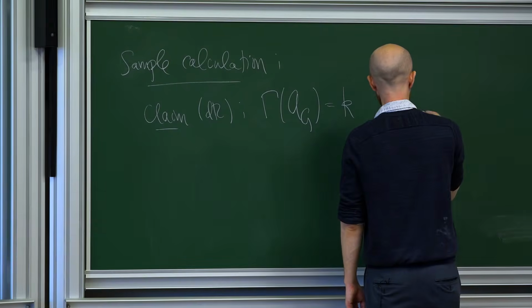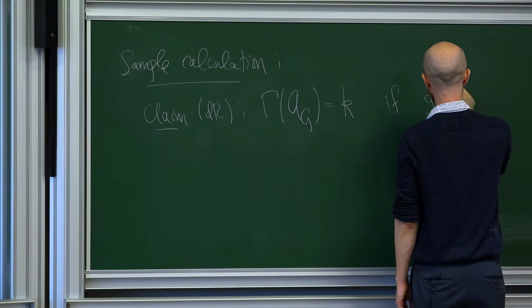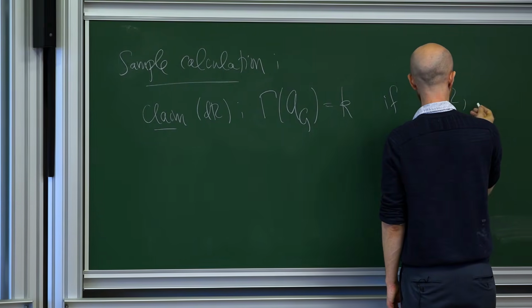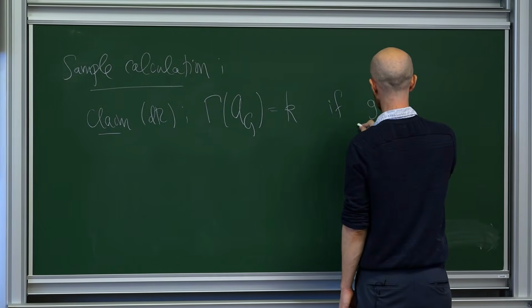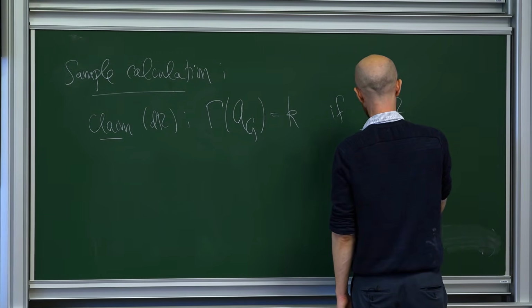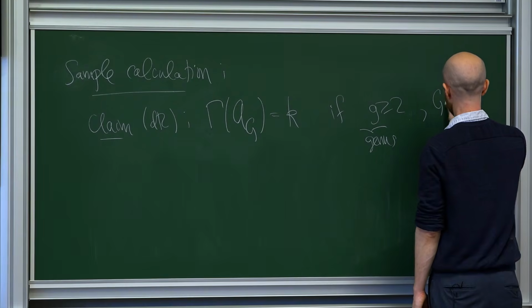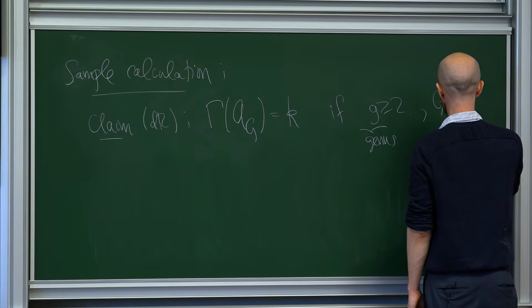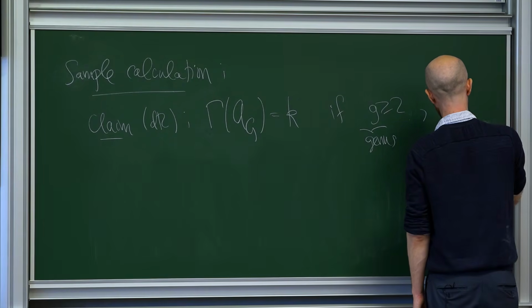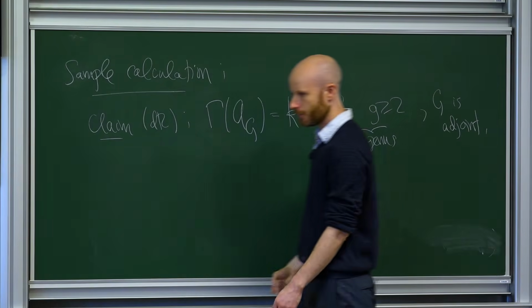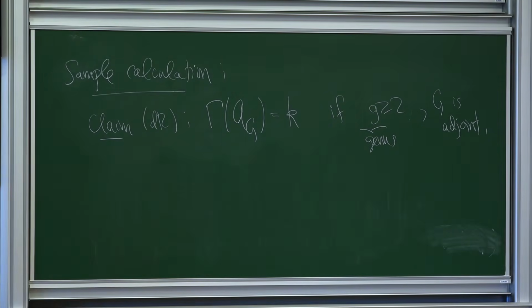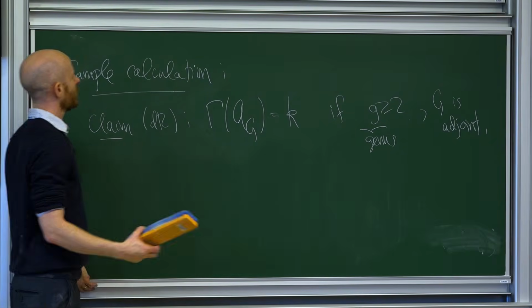And let me say that this is if the genus of the curve is at least 2, and the group G is adjoint. That slightly simplifies things. You can do the calculation in the non-adjoint case also.